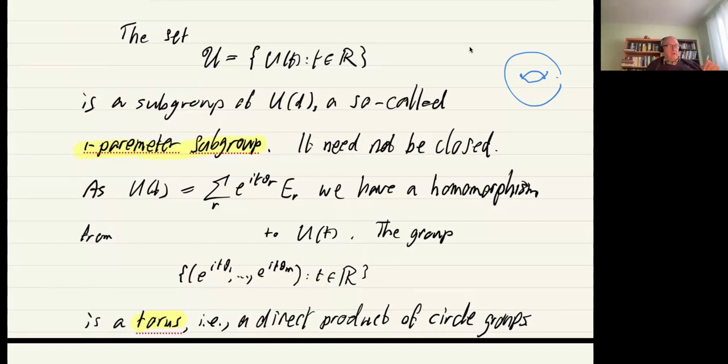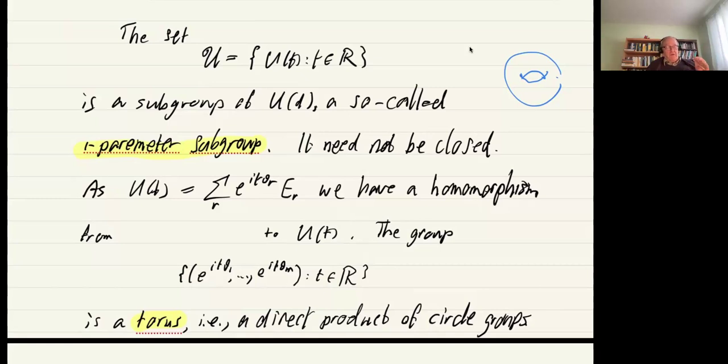Okay, so there's a problem here. The other comment related to these homomorphisms: we have that U(t) is given by e^{i t theta_r}. So the e_r are determined by the graph. Well, theta_r is too, but that's beside the point now.